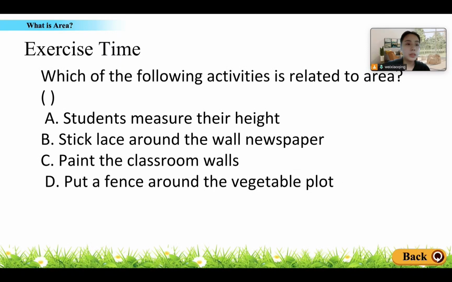We've already learned the definition of area. Now, let's walk through exercises together to solidify and further our understanding of area. You will have 10 minutes to complete the questions, and then we will explain them once the 10 minutes are up.